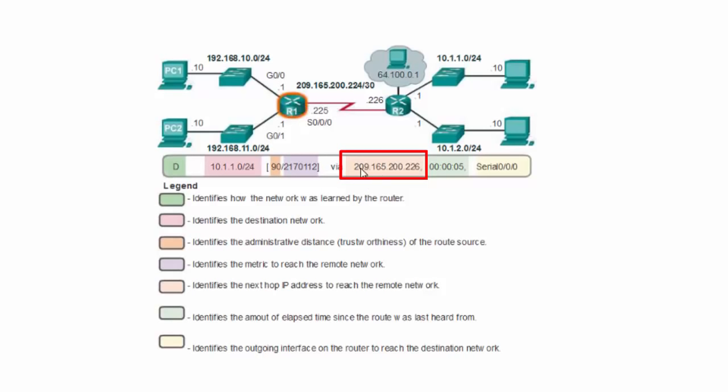And here, for example, it indicates 209.165.200.226, which means that router 1 will send to this IP address across this interface. So the interface here is serial 0/0/0, which indicates this interface. So I should send the packet through this serial interface to this gateway in order to send to one of these remote addresses. In that case, it's 10.1.1.0, this network.